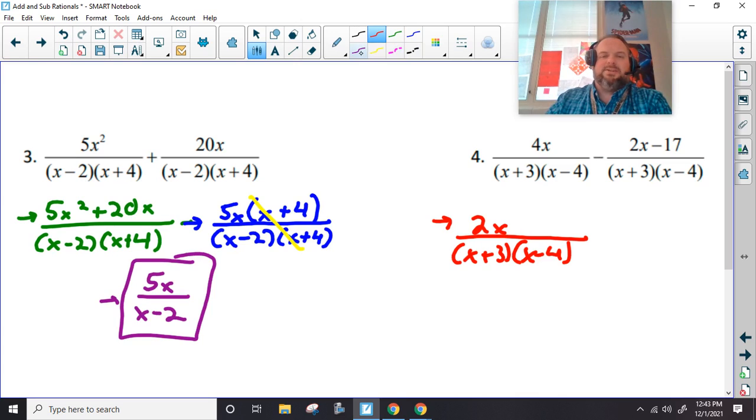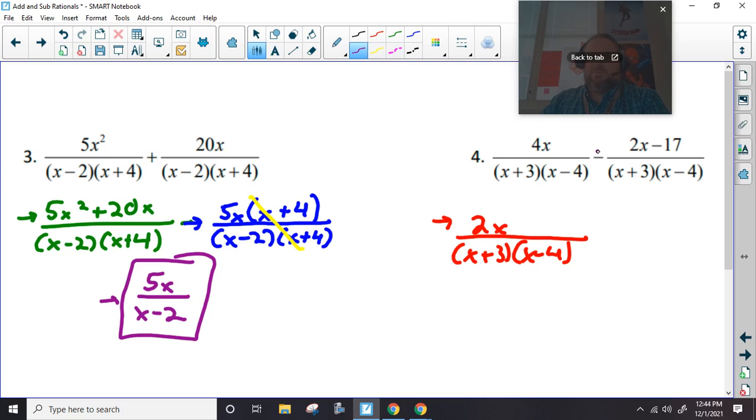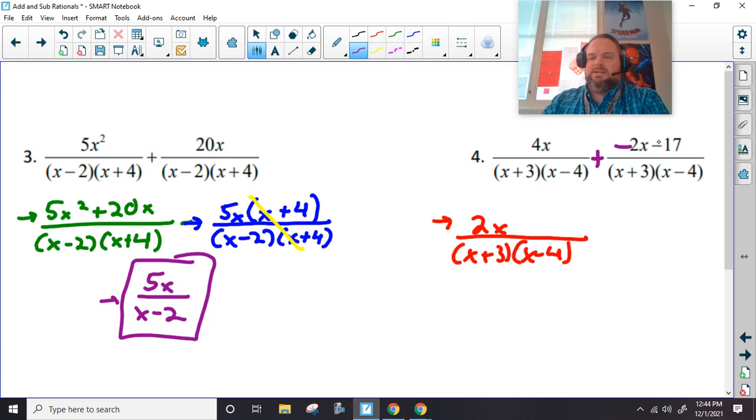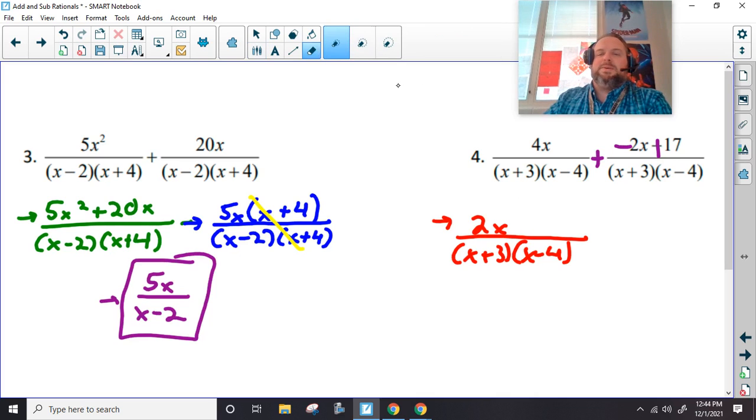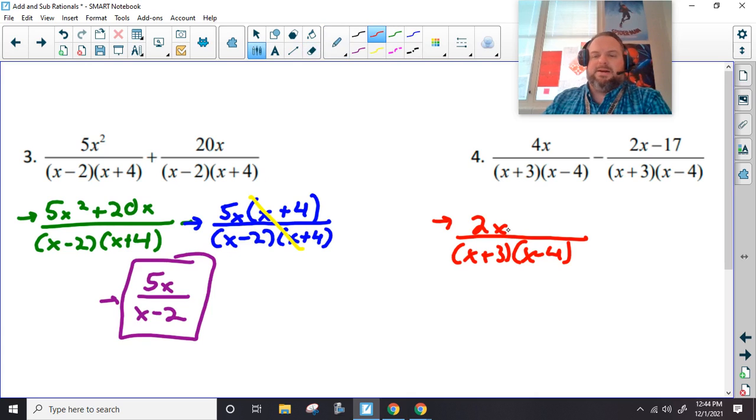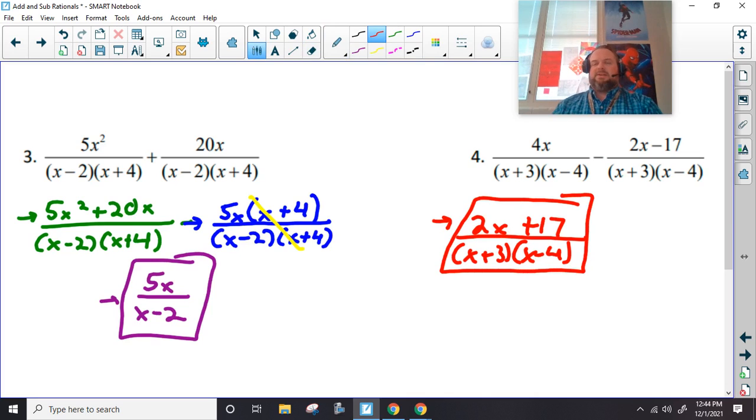I do have some students that at certain times will change this to a plus and then change these signs. That helps them. It's the same thing as distributing the negative. Let's look at it again. Minus negative 17 becomes plus a positive. Now, this one luckily doesn't factor.